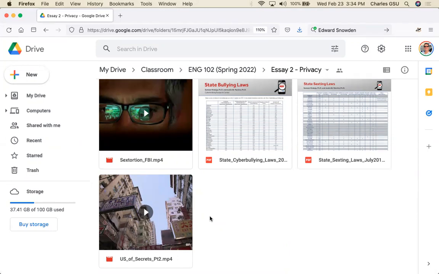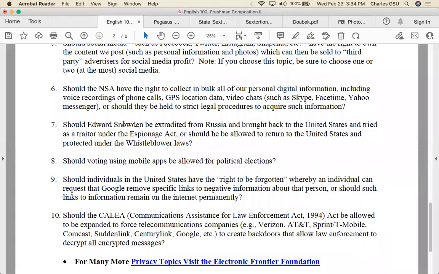It's only about an hour or so, but it explains the backdrop of Snowden and the real kind of dire implications back as far as 2013 of just how severe and pervasive these US violations of our own privacy have been. So this question asked is, should he be extradited from Russia?